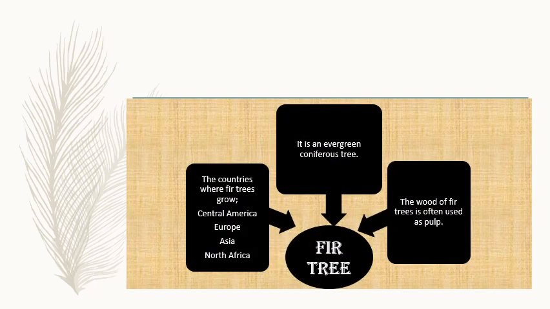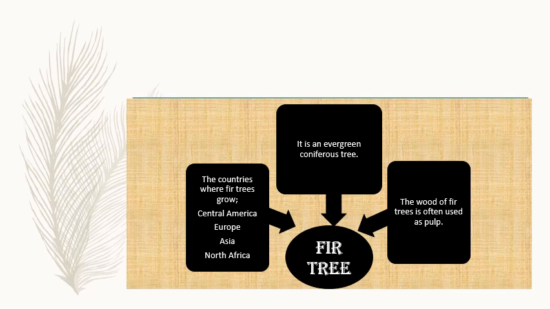Now, let's begin our today's class with some amazing facts about the fir tree. So, a fir tree is an evergreen coniferous tree. Now, the word evergreen means the tree which remains green throughout the year, and coniferous means the tree which has needle-like leaves.